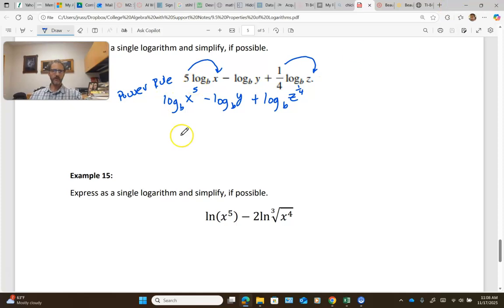Alright, then what I'm going to do, I notice here there's a minus sign. So I'm actually going to combine these 2 using the quotient rule. Right? Because when you have 2 logarithms separated with subtraction, that means you can condense them into 1 and make their arguments a quotient.